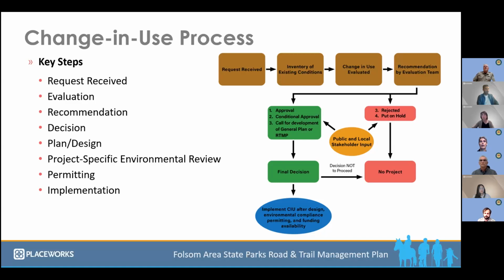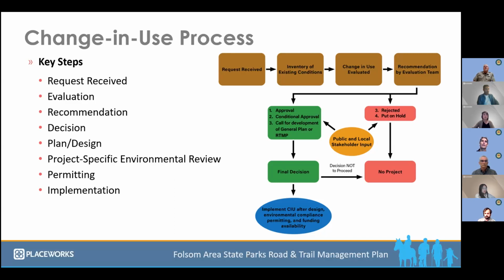A road and trail management plan not only allows the evaluation of the trails individually, but it also allows for a comprehensive evaluation of how the change in use would affect the park or the region. Once that's done, there's a solicitation of public and stakeholder input on the recommendations. For Folsom area parks, that's going to be provided through the public input opportunities that we've discussed tonight that are associated with the road and trail management plan.